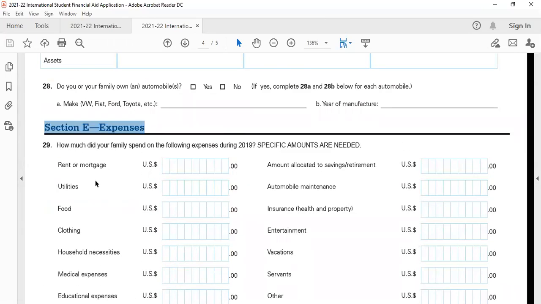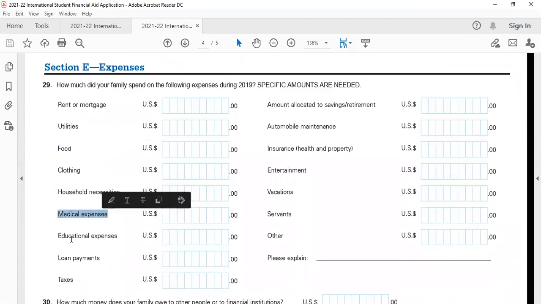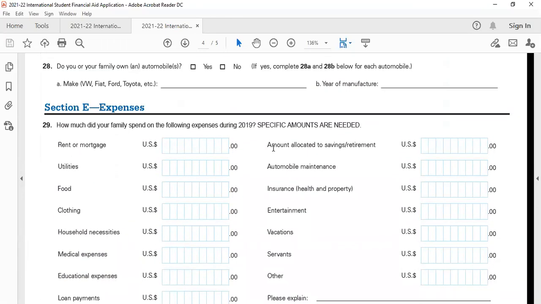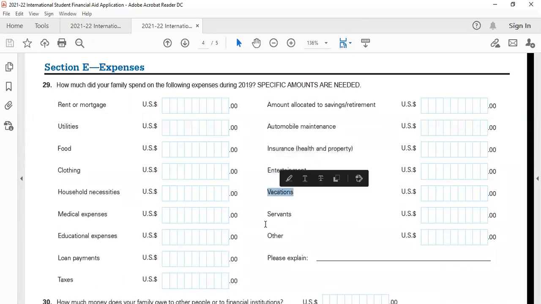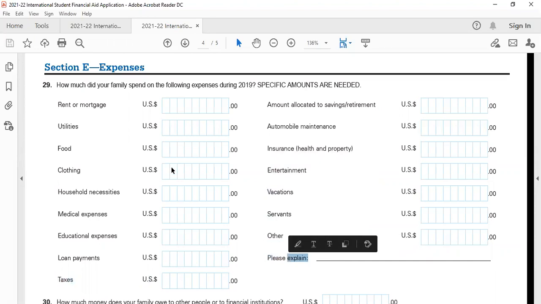It helps them understand what kind of money is being spent on rent or mortgage, utilities, food, clothing, household necessities, medical expenses, educational expenses, loan payments, taxes, amount allocated to savings and retirement, automobile maintenance, insurance, entertainment, vacations, servants, others, and then you can explain others over here. So all these amounts are the annual expenses and are to be mentioned in US dollars.